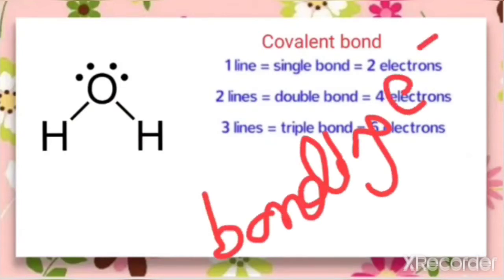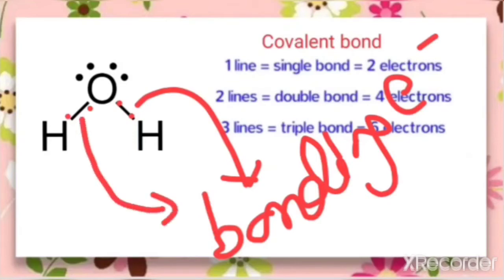Let us find out how many bonding electrons are there. Here 2 electrons are there, that is a bonding electron. Here also 2 electrons are involved in the bond formation, that is a shared pair of electrons, also called bonding electrons.